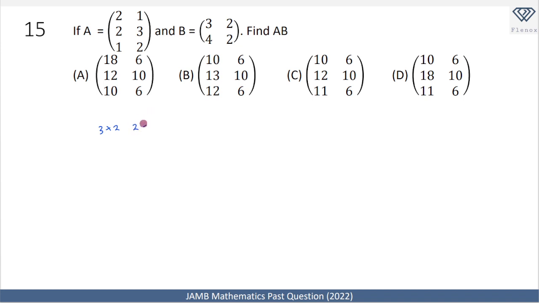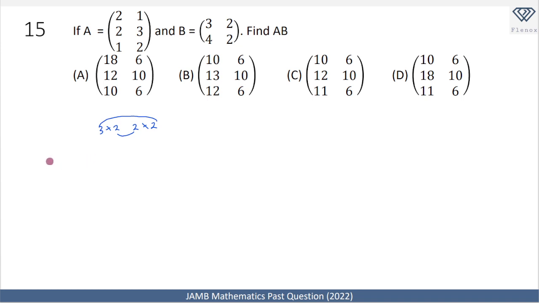You can only multiply two matrices if these numbers are the same, and in this case they are. The result of the multiplication is going to be this times this. So if we multiply these two, we're going to end up with a 3 by 2 matrix. To start with the multiplication, I'm going to draw a big bracket, 3 by 2 matrix, so we can easily go with that.